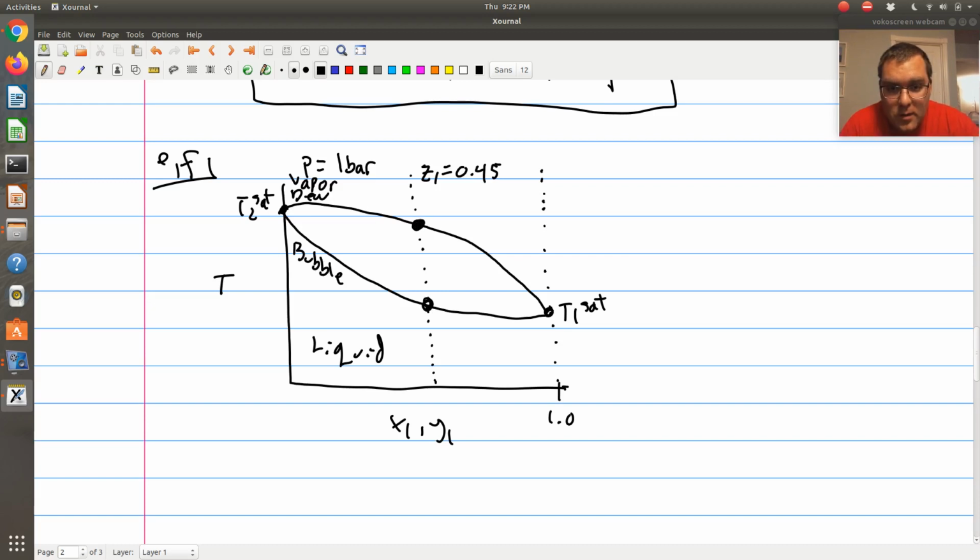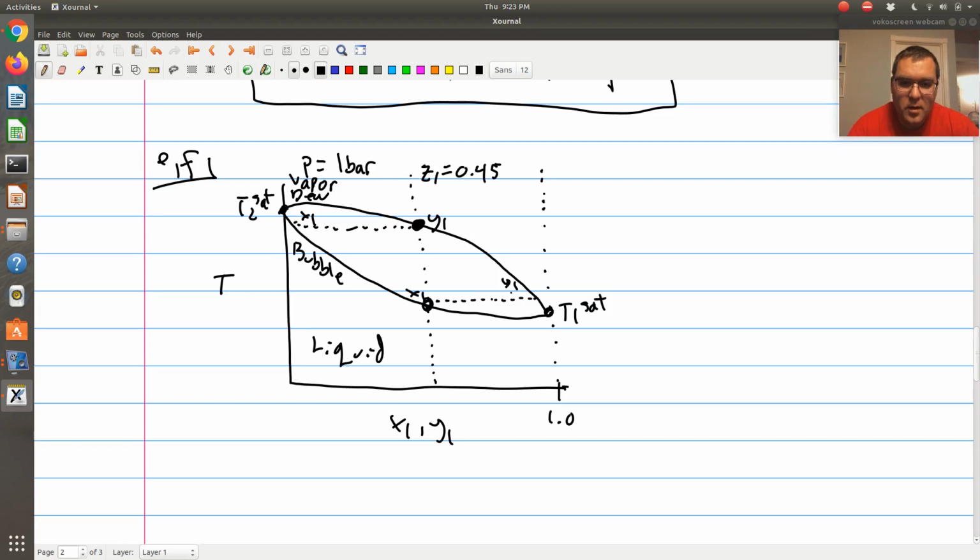At my dew point, here's Y1, here's X1. What's special is Y1 is equal to Z1, my vapor composition is equal to the composition of my mixture. At my bubble point, X1 is equal to Z1, the composition of my mixture.